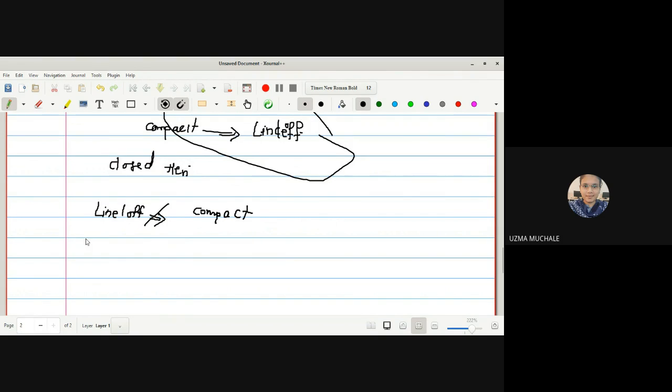The example for this one: X is a countably infinite set, and T is the discrete topology defined on it. You have to find out that it is a Lindelof space, but it is not a compact space.